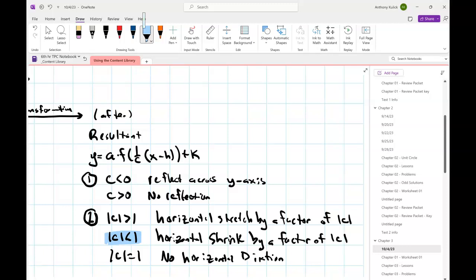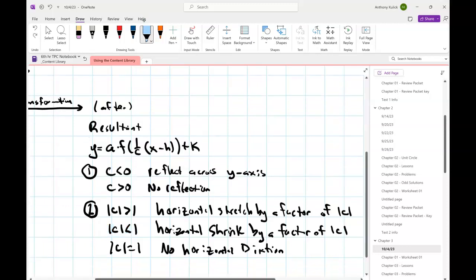Numbers that are between -1 and +1, oftentimes how will those end up being written? Fractions, like 1/2 or 2/3, 7/8 is an example. All of those are examples where the absolute value of c is less than 1.